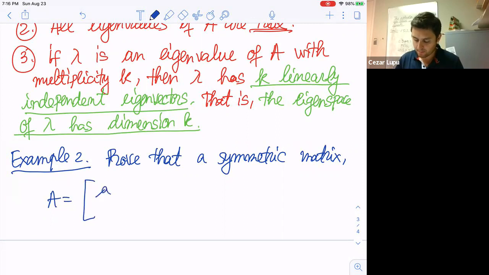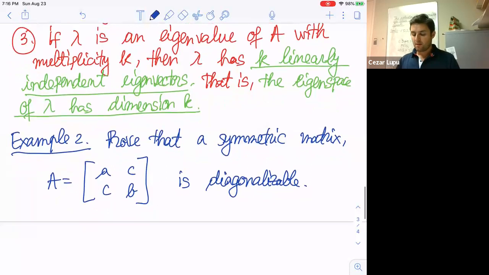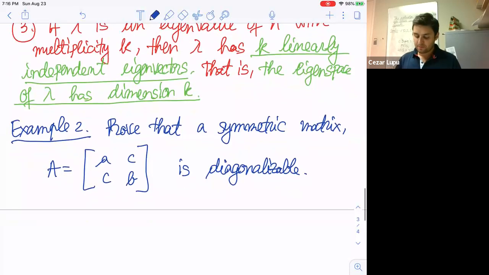So this will be a, c, c, b, right? This is the most general way to write a symmetric matrix. So prove that this is diagonalizable. Okay, let's do it.